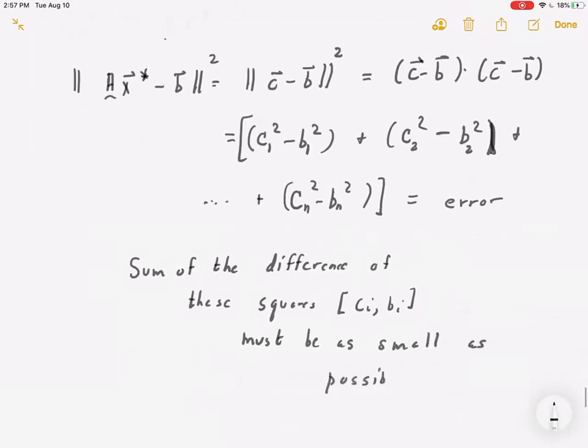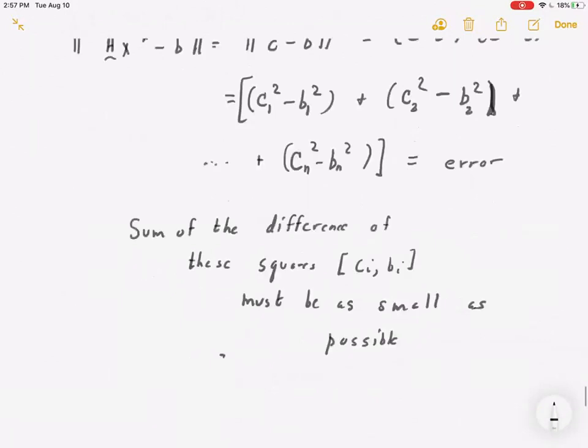Hence the term least squares solution or least squares approximation.